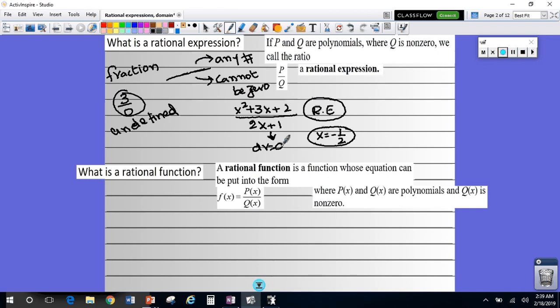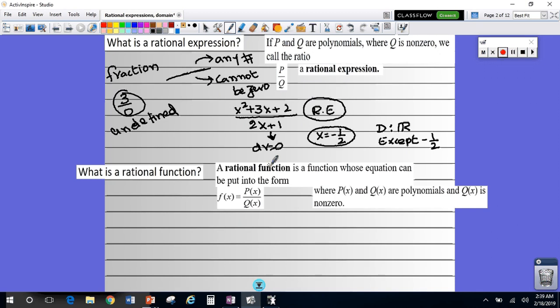So we say that the domain is all real numbers except negative 1/2.